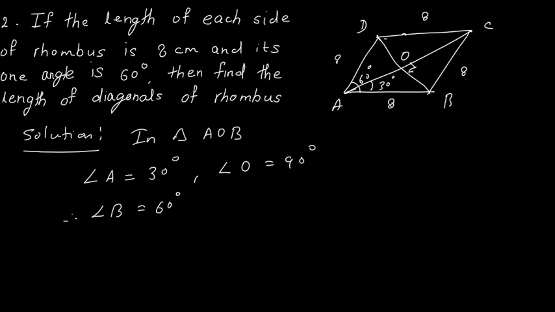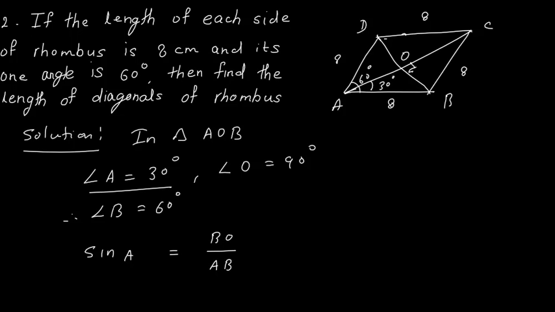Actually one angle is sufficient, 30 degree is enough to find the length of AO and OB. So sine A is equal to opposite side which is BO upon hypotenuse which is AB.